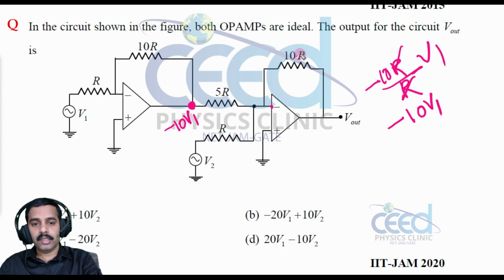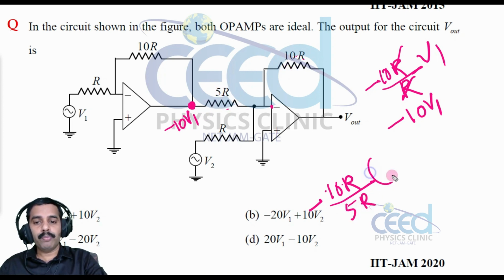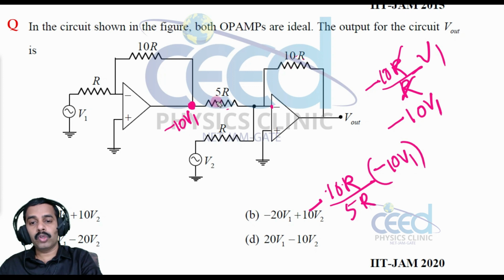That is again the inverting condition, minus RF by R1. So RF is 10R and input resistance is R, that is minus 10 times the input. What is the input? That is minus 10 V1. So this is the output due to this inverting terminal voltage.